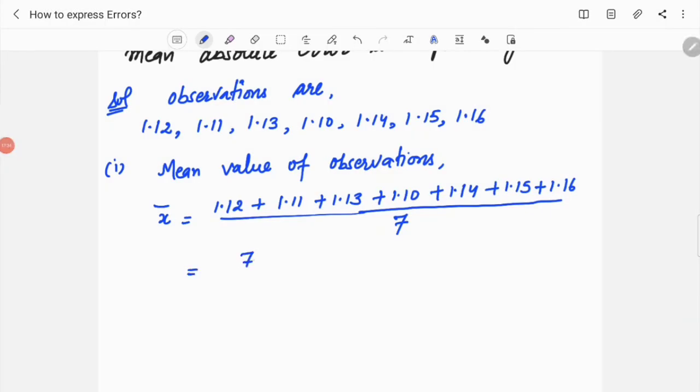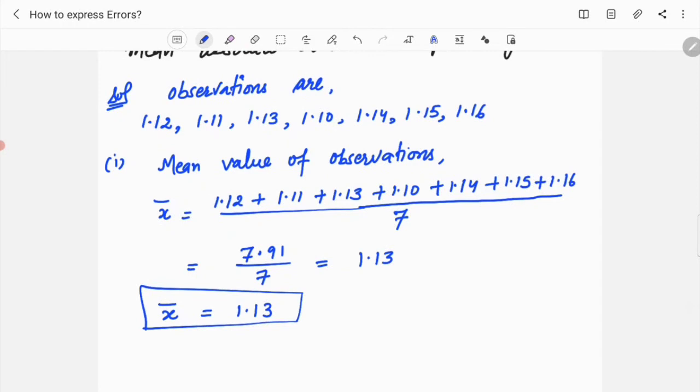So it will be 7.91 divided by 7, which is equal to 1.13. So the mean value is 1.13. This is the answer of the first part.